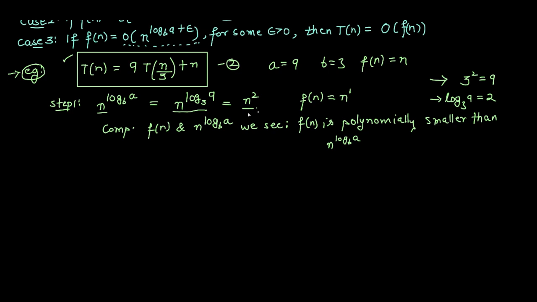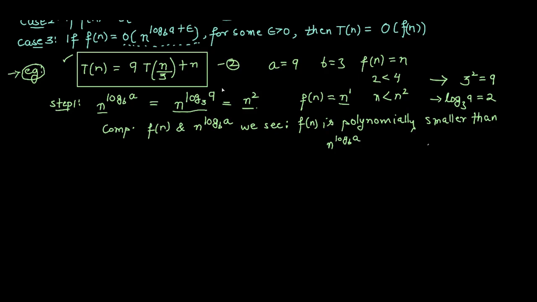That means that n squared is a polynomial, and n raised to the power 1 gives you a smaller value than n squared. Let's suppose the value of n is 2. So 2 is less than 2 squared, which is 4. This is what this line means.